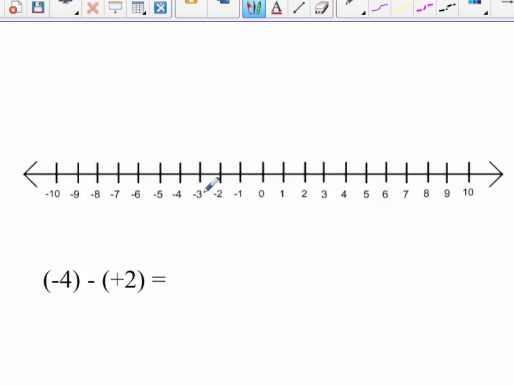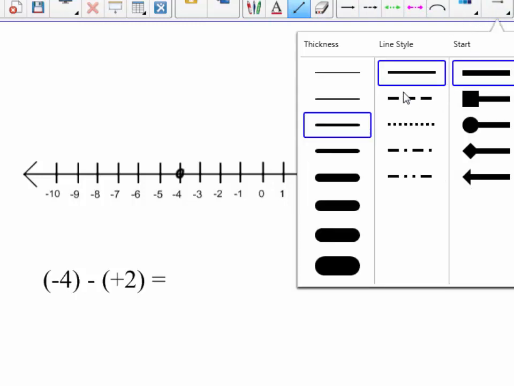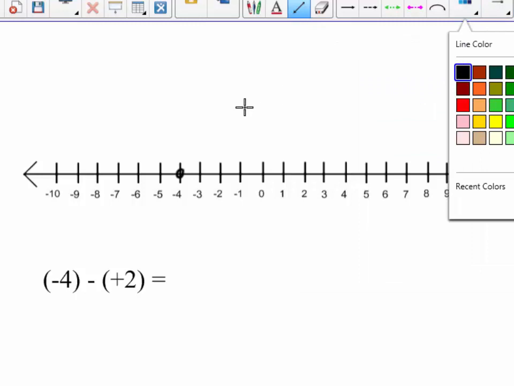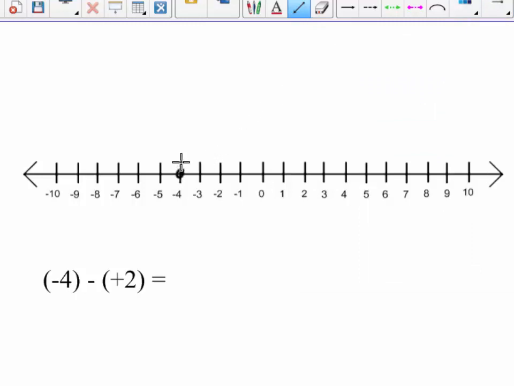So -4 is here. Now I go up a little bit. Next, am I subtracting or adding?